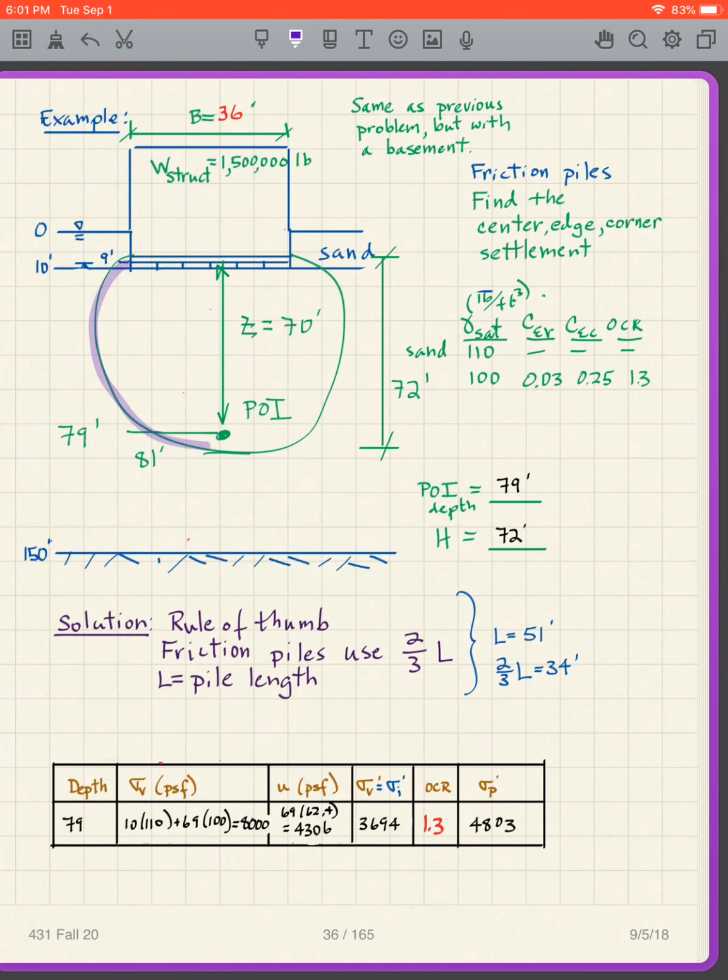So we draw our pressure bulb now, we keep our point of interest down here, and now what do we have? Our Z is 70, our point of interest depth is still 79, and the H is the same and all that, but our goal is to figure out, we need to use this pressure bulb now, this Z, and figure out the influence of the basement.